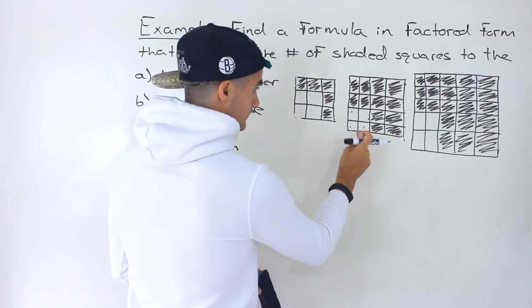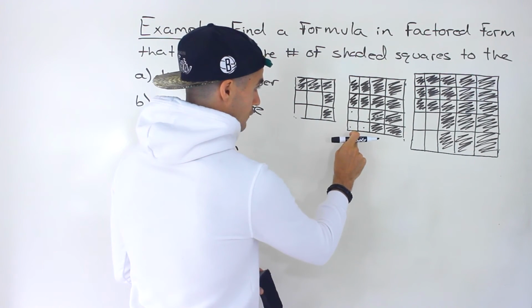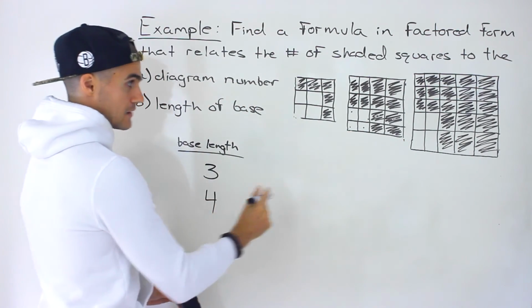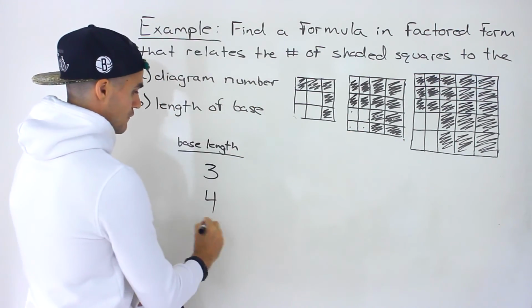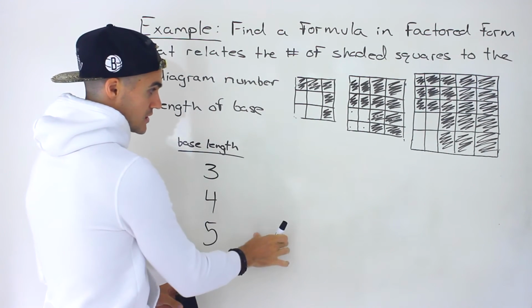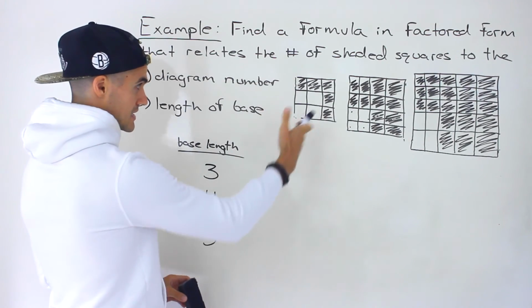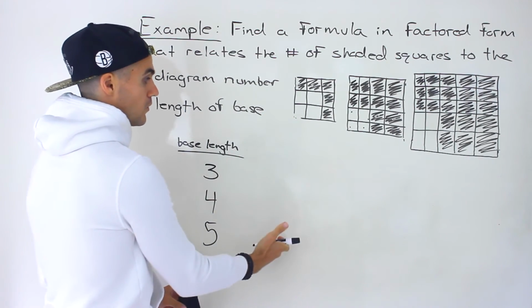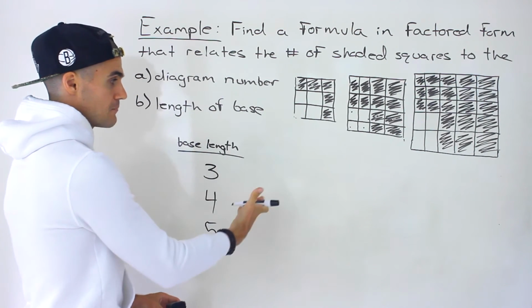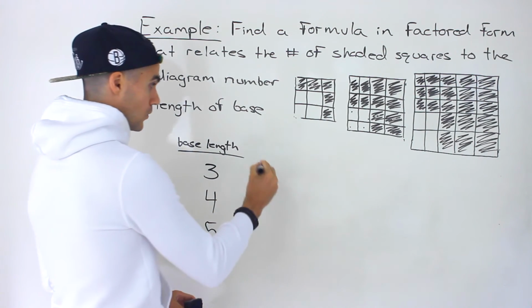Then over here, we would have the base length is 4 for the second diagram, and then it would be 5, like that. Now again, we could do a number of shaded squares column. It would be the same thing, right? 5, 12, 21. But again, it's going to be tough to find a pattern going about it that way.